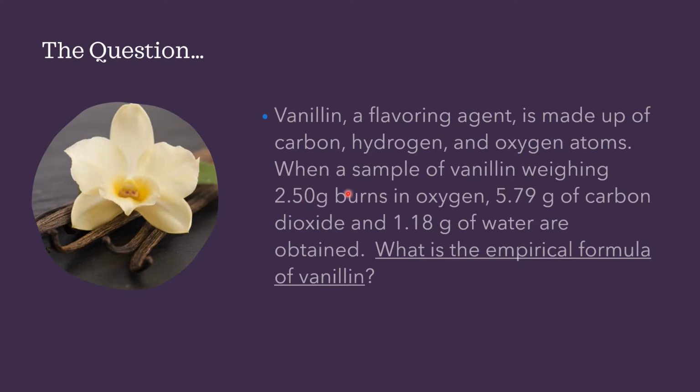We're going to say that we have a sample of vanillin weighing 2.5 grams, and after we burn it in the type of apparatus that you just saw, 5.79 grams of carbon dioxide and 1.1 grams of H2O were obtained. The end game here is to figure out the empirical formula of vanillin.